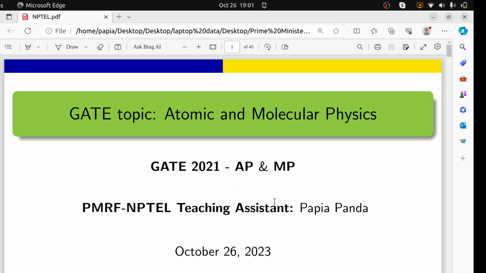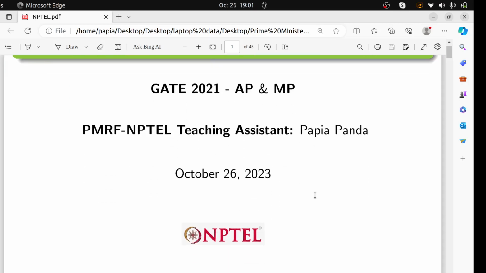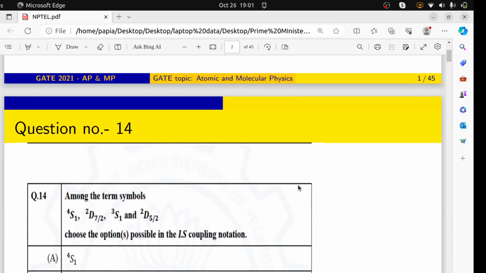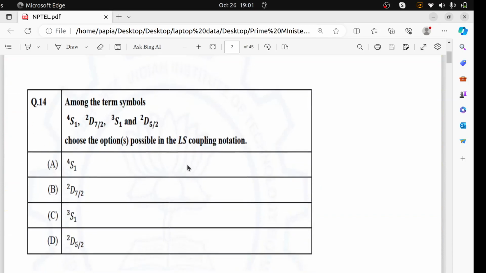So let's start. This is the first question I have taken from GATE 2021 on atomic and molecular physics, and the question number is 14. What is the question here? Among the term symbols 4S1, 2D 7/2, 3S1 and 2D 5/2, choose the options possible in the LS coupling notation.